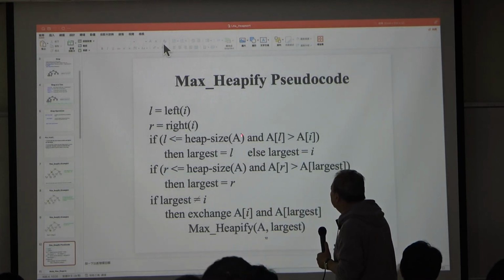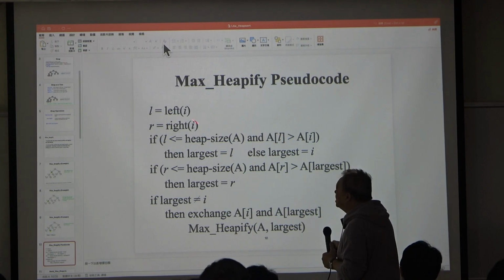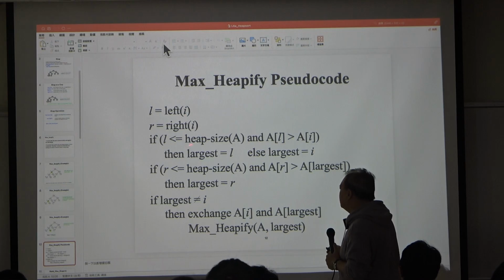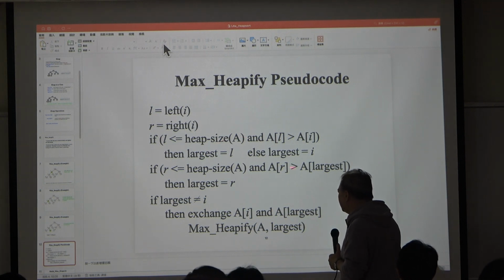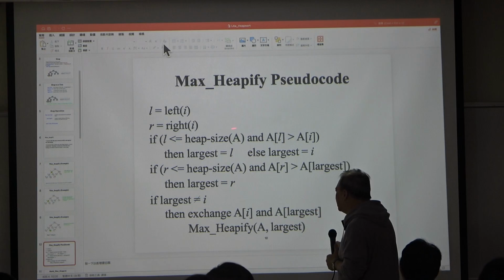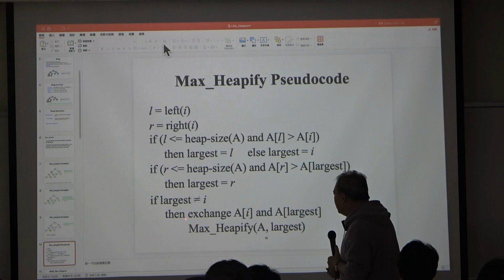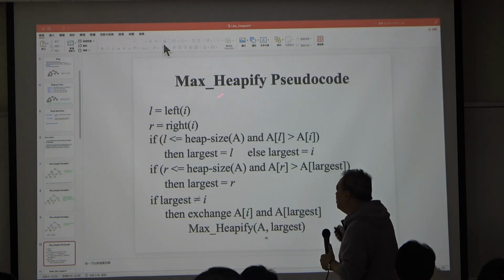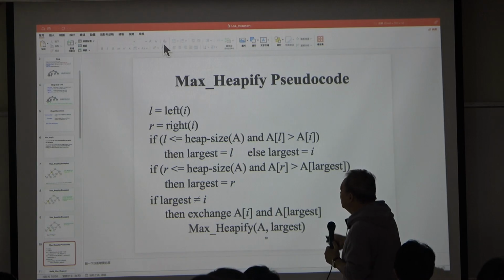This is the pseudocode for what we just did. We compare the node with the left child, and then we compare with the right child. Basically you find the largest one, and then do a swap. Then we make a recursive call on the affected child, because we may need to do additional swaps.